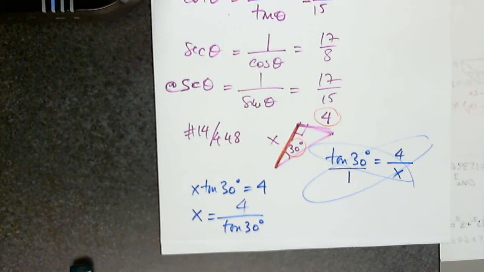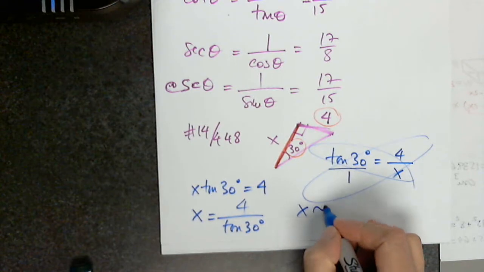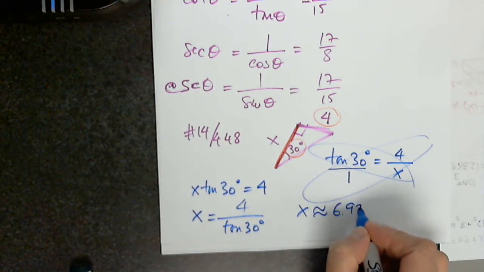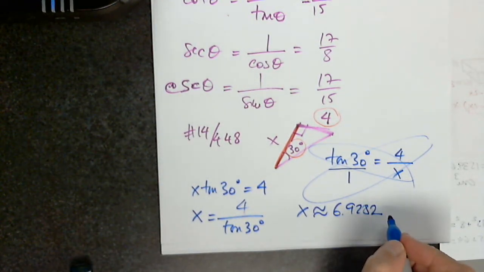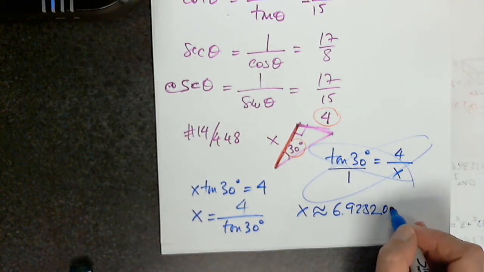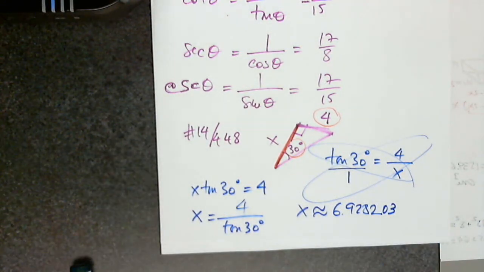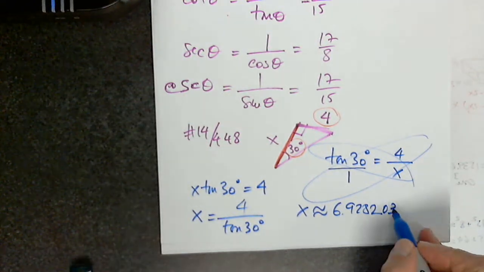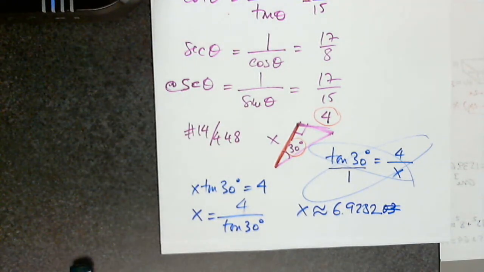Close the parenthesis and press enter. So it says state your answer rounded to 5 decimal places. So x is approximately 6.9282. It says 5, I'm sorry. So 6.9282. Very good. Anything else here?